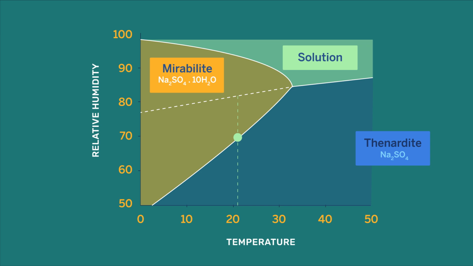However, if mirabilite fails to nucleate, thenardite will persist until it reaches the dashed line, which is the extension of the equilibrium of thenardite with a solution. When that discontinuous line is reached, thenardite will dissolve. The resulting solution lies in the field where mirabilite is the equilibrium phase, so it will eventually nucleate and grow with a high driving force.